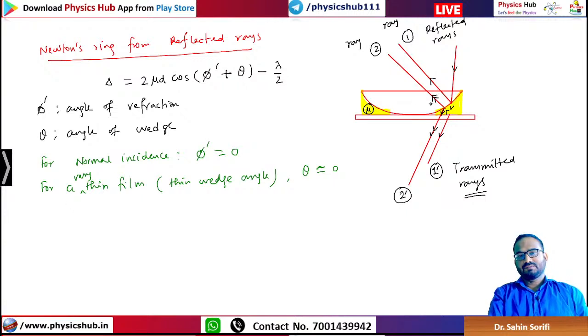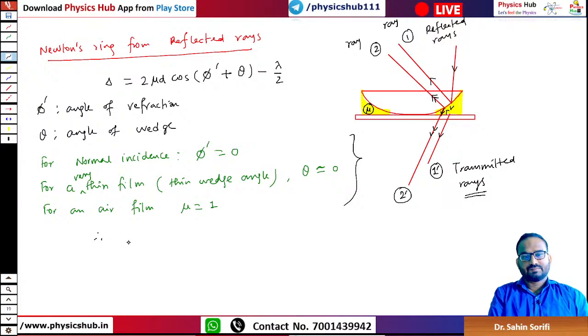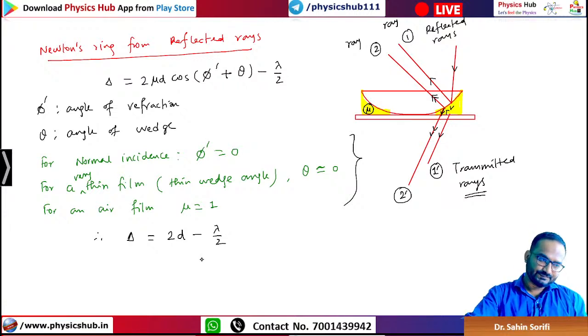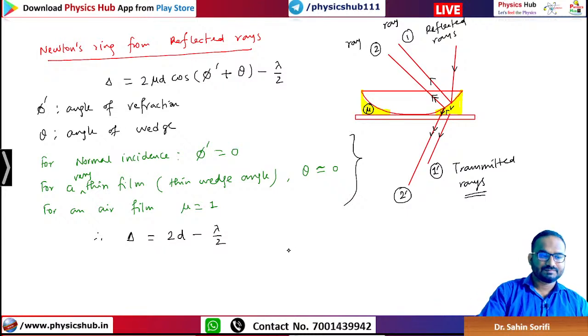And if you consider the film to be an air film, mu will be equal to 1. Implementing all these things, we can write, therefore, delta is equal to 2d minus lambda by 2. Mu is equal to 1, and cos of phi prime plus theta, cos 0, is 1.